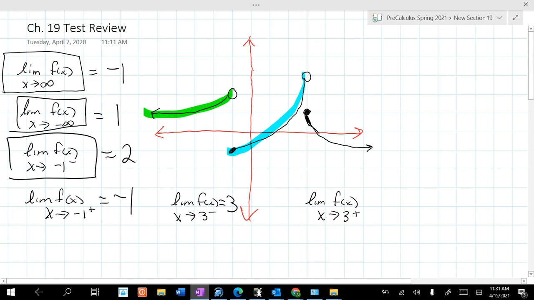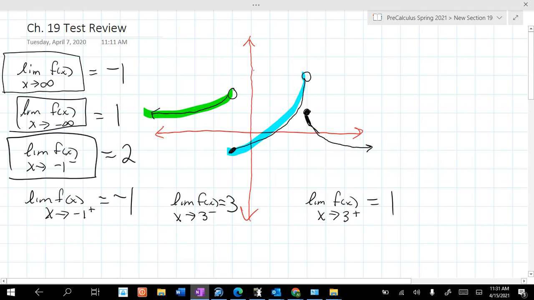And as we approach 3 from the right, the blackened in one, which is 1. You get that? We did this the first lesson, yeah.